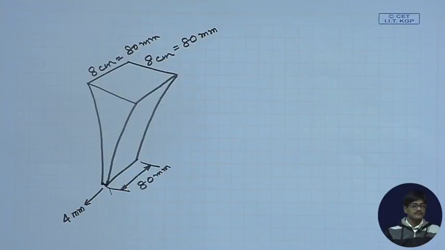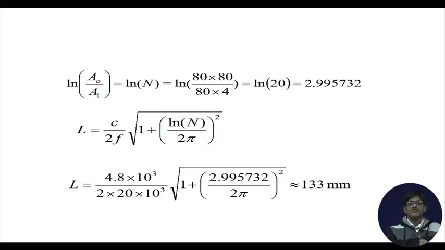Now comes the question of designing it such that we can find out its correct length, so that it's a half wave horn. So let's go on finding out the terms, I mean the dimensions that we have come across, like for example the natural logarithm of n, because as we know in the second expression that we have, this simply is the expression of the length of the horn.